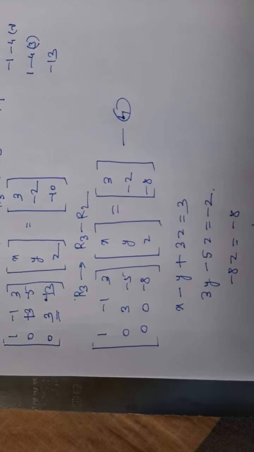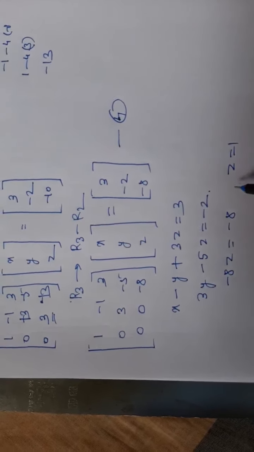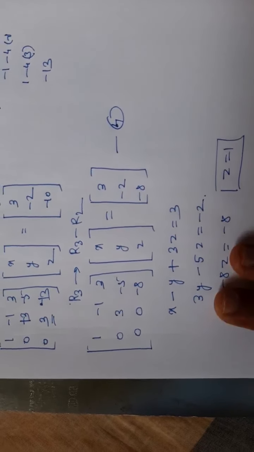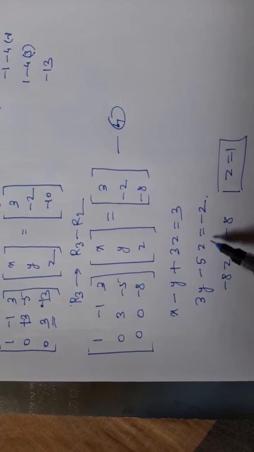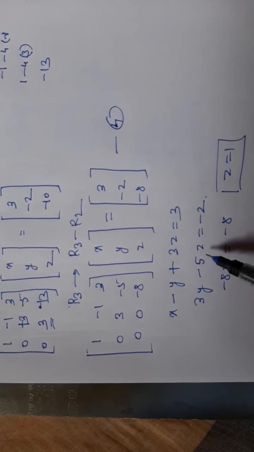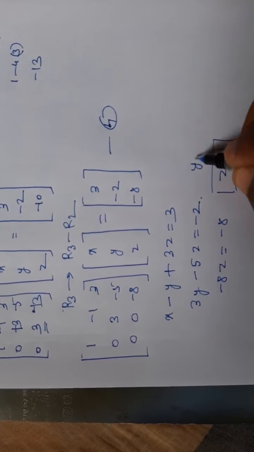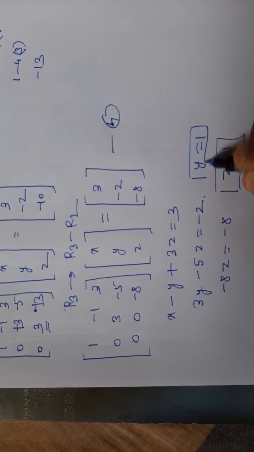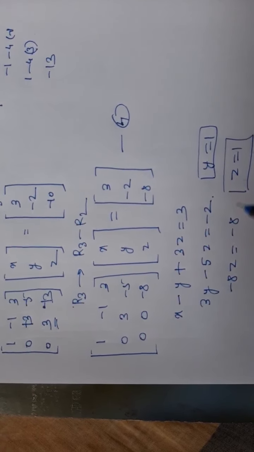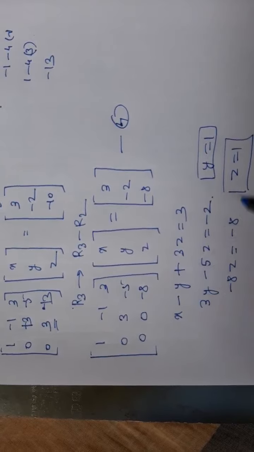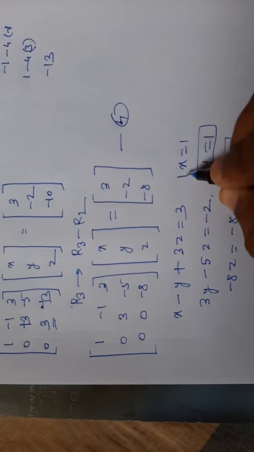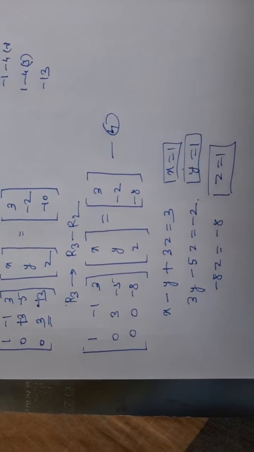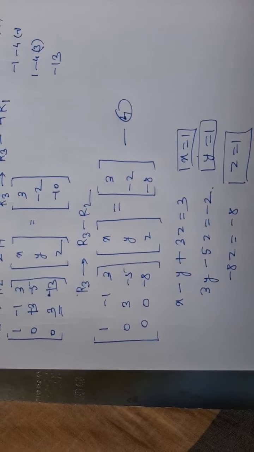Minus and minus get cancelled, so the value of z is 1. If I put z equal to 1 in this equation, it becomes y is equal to 1. Put the z and y values in the first equation, so x is equal to 1. These are the values of x, y and z.